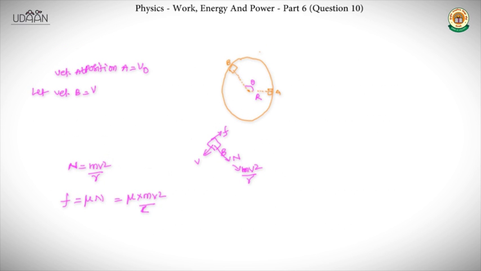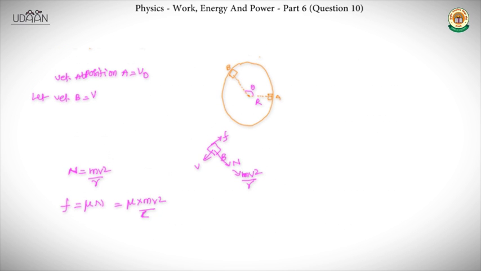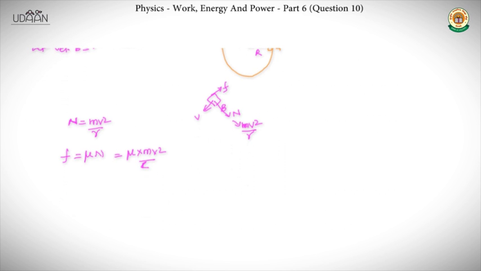As we know, friction is a non-conservative force, so the force becomes minus mu mv square by r. That is equal to ma. So we get a is equal to minus mu v square by r.